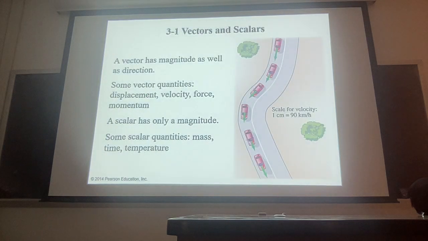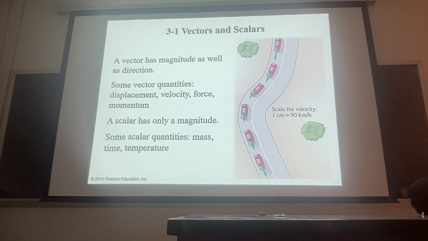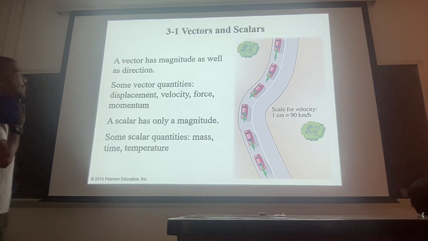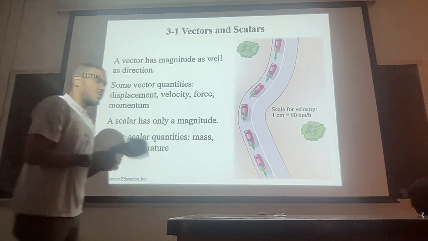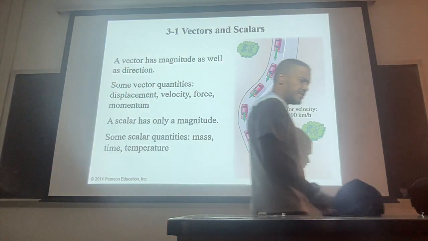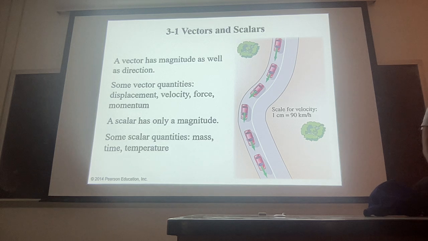All right. So, what is a vector and what is a scalar? A vector has a magnitude as well as a direction. So, if I ask for directions to travel somewhere, and you just tell me how far.